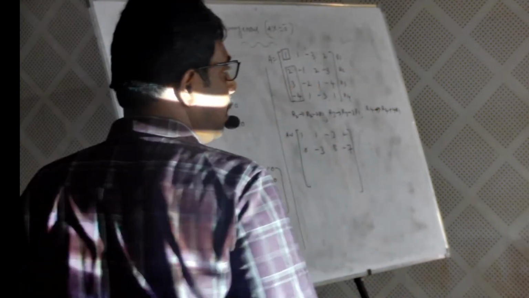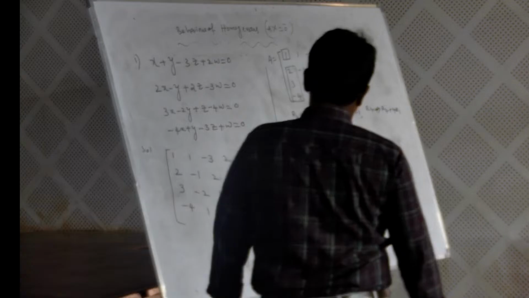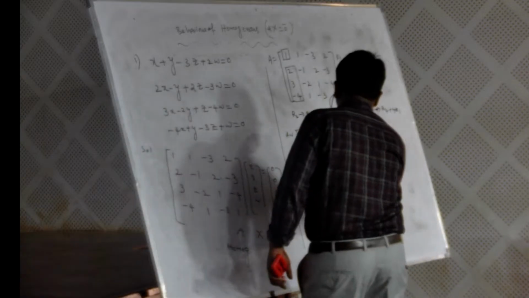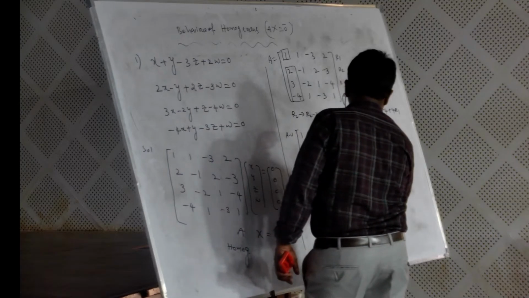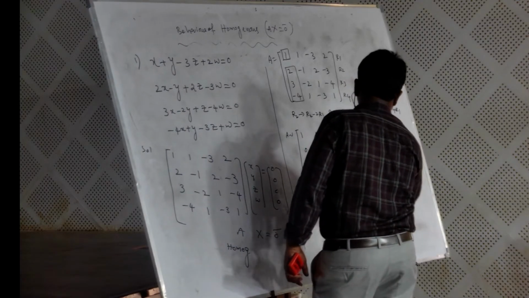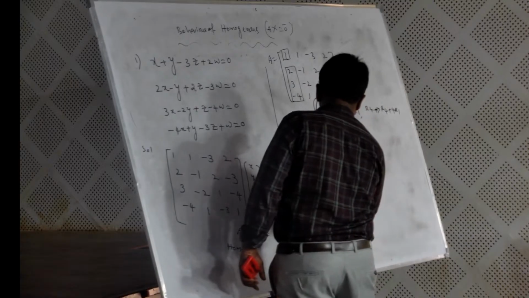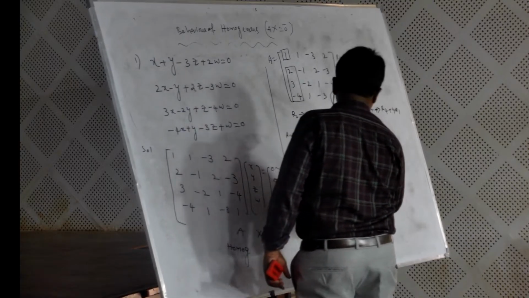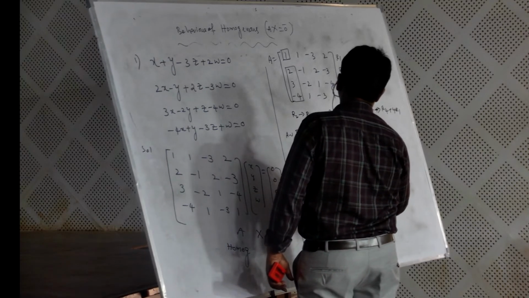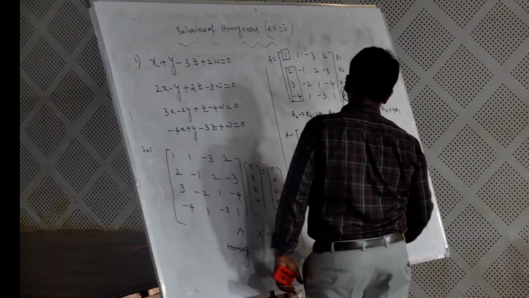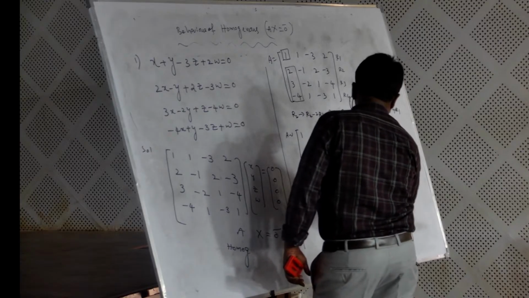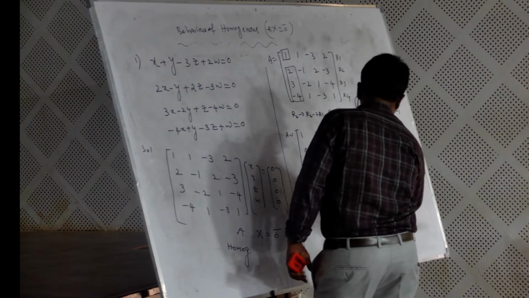Next row: 0, minus 5, 10, minus 10. Next: 0, 5, minus 15, 9.